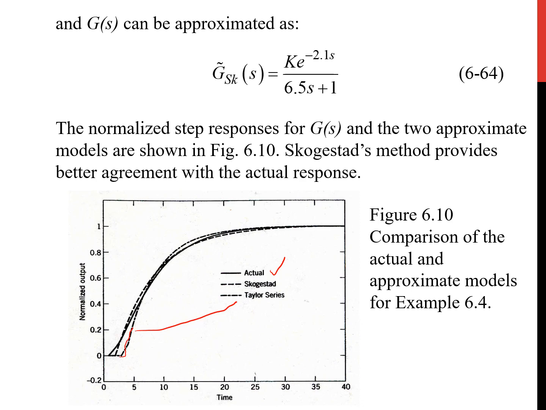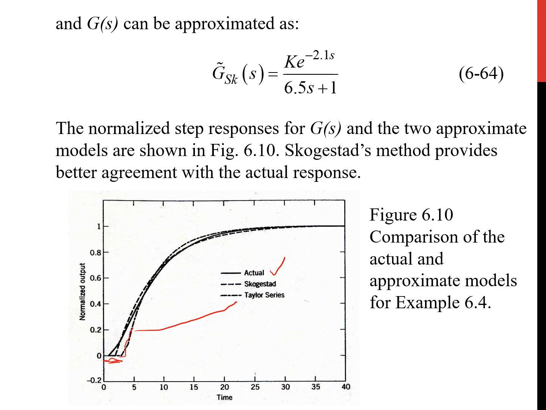Because of the time delay, you have a slower response here. But in the end, the process is approximately similar to the actual response. The same goes with the Skogestad method. In this case, you have a little bit of time delay. So the time delay obtained from the Skogestad is better than the Taylor series, so it mimics the real actual response.